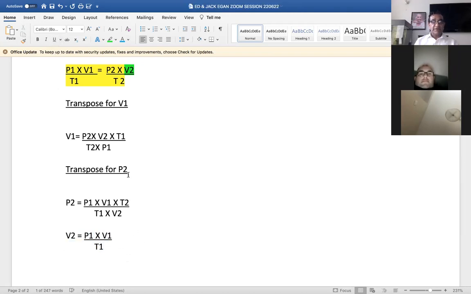And then we're saying this P2 has to go to the bottom and this T2 has to go to the top. So V2 will equal P1 times V1 times T2 over T1, and that P2 goes to the bottom, times P2.